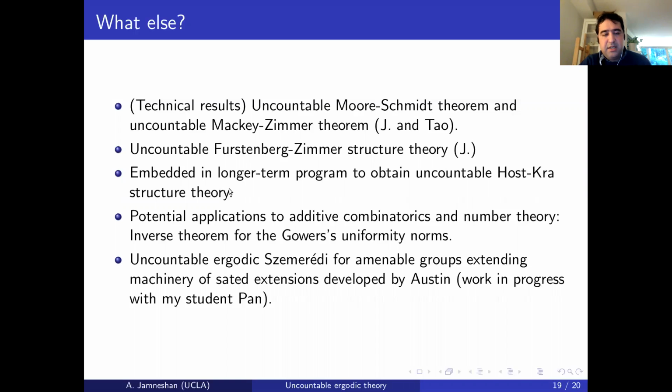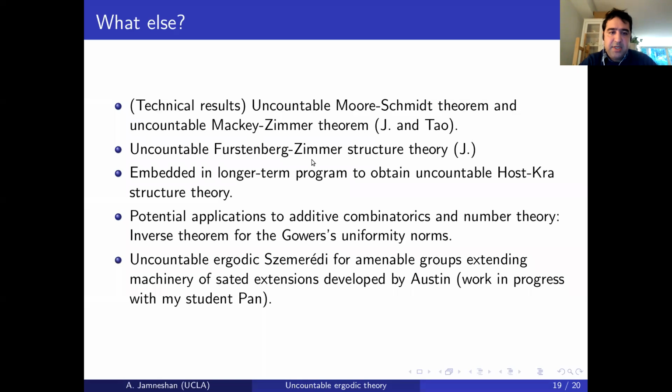Anyway, this is all embedded in a longer term program, all these results to obtain uncountable Host-Kra structure theory. So Host-Kra, they proved for this type of, for instance, Ross type averages, that the L2 limit exists, but for longer progressions, actually.